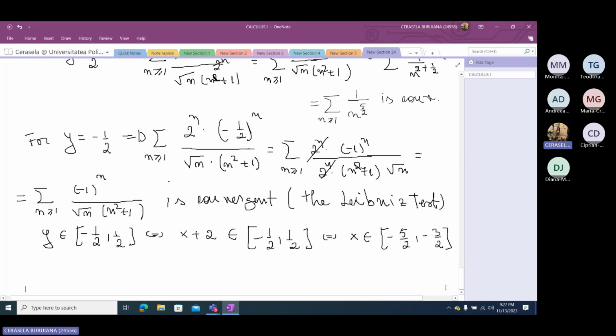So the domain of convergence for this exercise is minus 5 over 2, minus 3 over 2, and we finish.